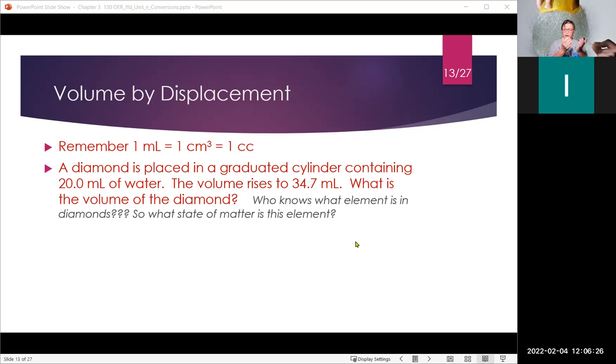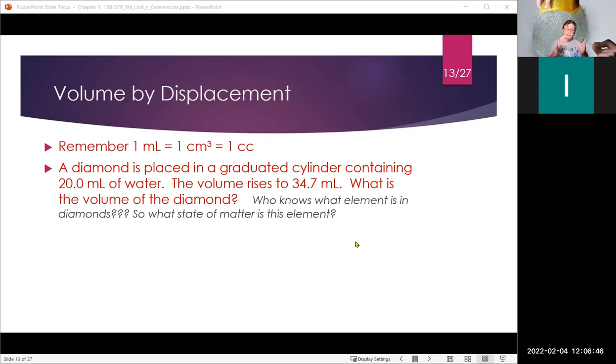Now you may ask, why do I need to know this? Simply because of density. We introduced density a while back, kind of briefly. Density is a physical property of matter. It's a ratio of the mass of that matter divided by the volume it has.